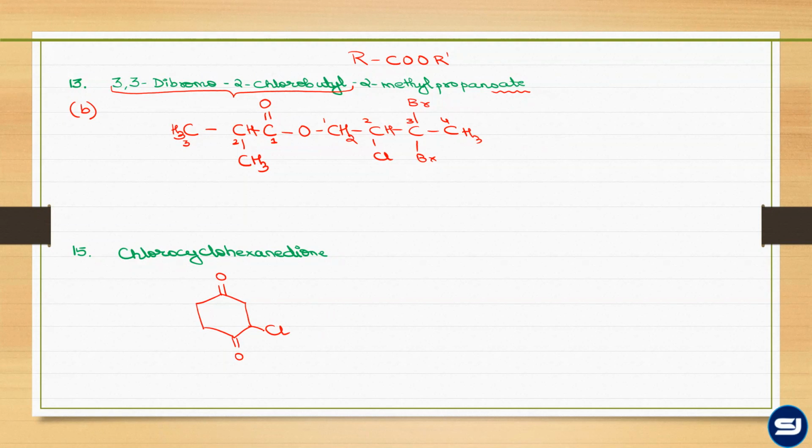It should have been 2 chloro, no? Yeah. 1 and 4 तो आपका fixed positions ही है. But if you start the numbering from top and move in the clockwise, it will be incorrect because the chloro as a substituent is getting the higher position. So obviously it would have been 2 chlorocyclohexane 1,4 dione. मतलब यही आपका incorrect nomenclature है.